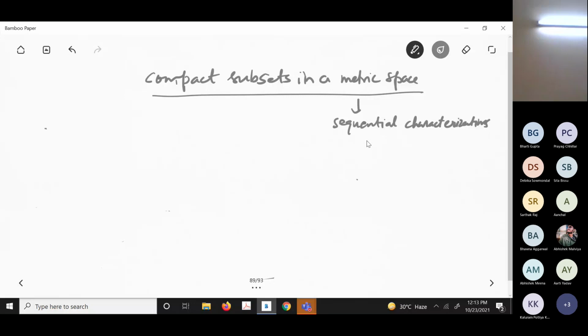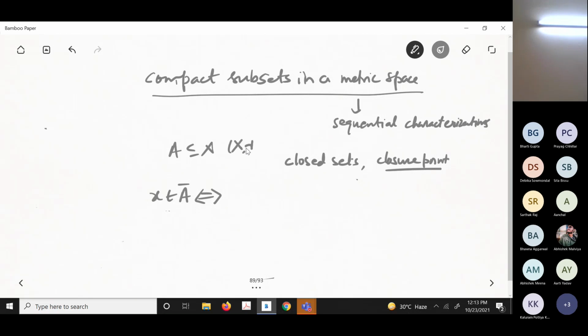Under the sequential characterization, look at what you got. First of the closed sets you got, remember that. Before that you got a closure point. Because you saw that x belongs to A bar if and only if, A is a subset of a metric space, (X, d) is a metric space, there exists a sequence x_n in A such that x_n goes to x.